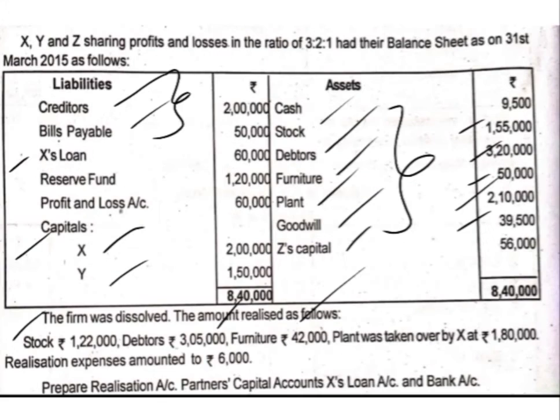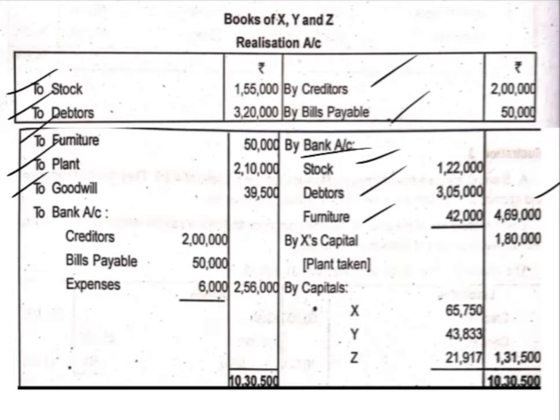The next entry will be for any asset taken over by any one of the partners. Here it is given that the plant was taken over by X. There was plant, but it is not realized by the firm; it is taken over by one of the partners. X has taken over for 1,80,000. So instead of writing bank account, you have to debit X's capital account.